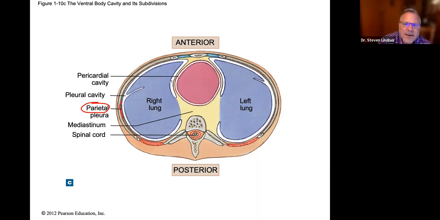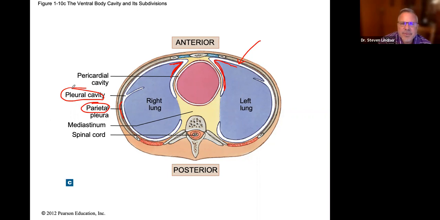But then here on the inside, say right there, going on the inside, that's going to be the visceral layer. Okay, same thing on this side. This is going to be the visceral layer or the visceral pleura. On the outside is the parietal pleura. And then right between both is the pleural cavity.